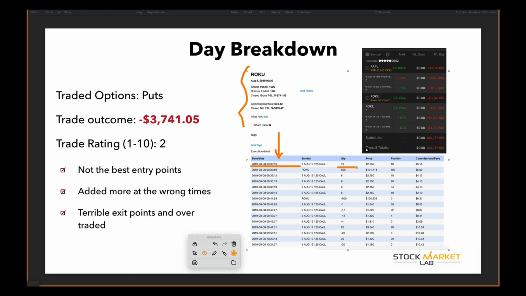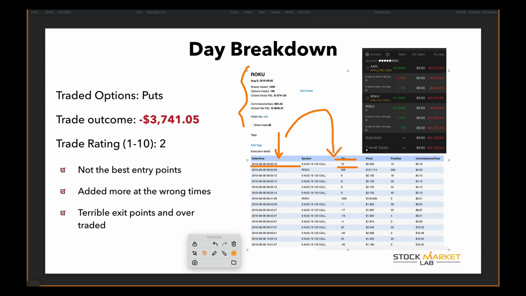Usually, especially if it's Roku and I see confirmation, I'd maybe enter 30, maybe 40, maybe 50 contracts right away, right? Not on the open, but if this was 935, 940, 950, I wouldn't enter 10 contracts. I'd maybe enter 40 or 50 contracts. So I'm kind of happy that I didn't jump in very strong on the open.